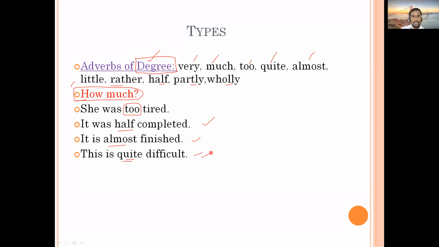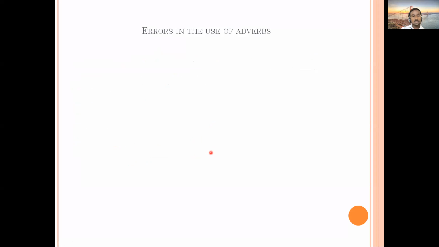Okay, so I think these were the types. Just revise them. How many types have you studied? The first one was adverbs of what? Time. Second, which type did we study? Adverbs of place. Third, what did we study?